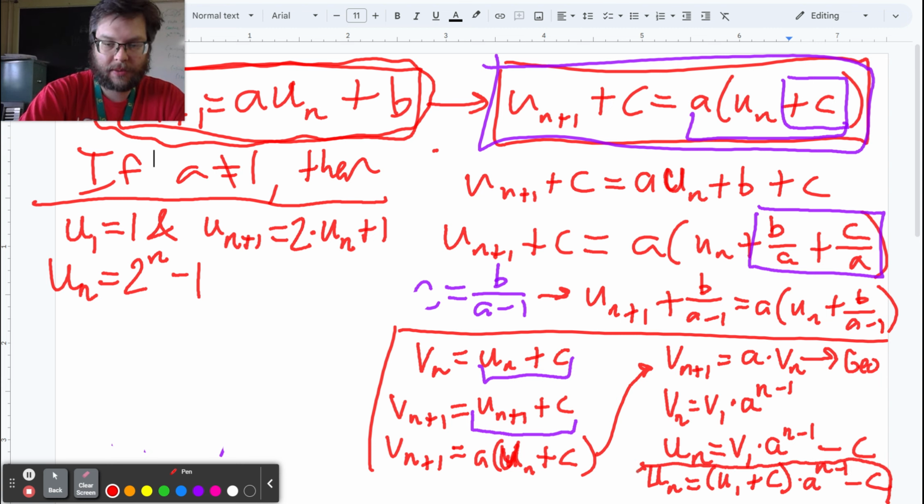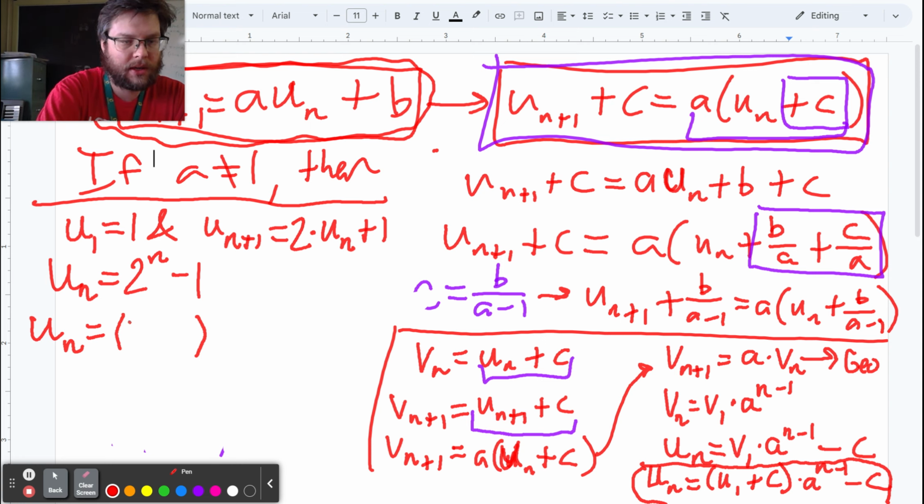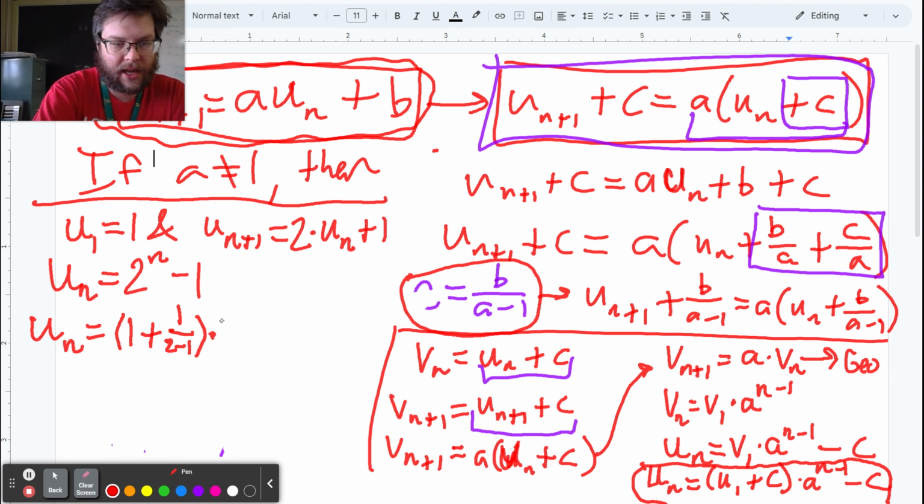Our new expression says un equals u1 plus c. Okay, so u1 is 1. The c value that we found is just b over a minus 1. So b over a minus 1 is 1 over 2 minus 1. That gets multiplied by a to the n minus 1, which is 2 to the n minus 1.